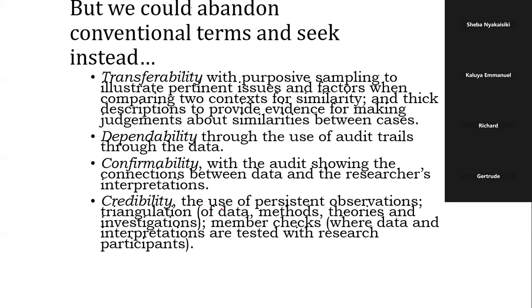Now, one of the things I want to talk about with the reliability or the audit trail: when you do your research, whether it is qualitative or quantitative, your raw data must be available. Okay? Your recordings should be available.